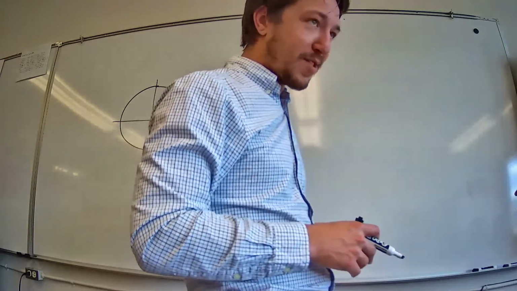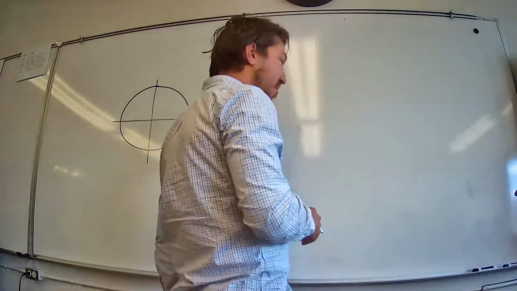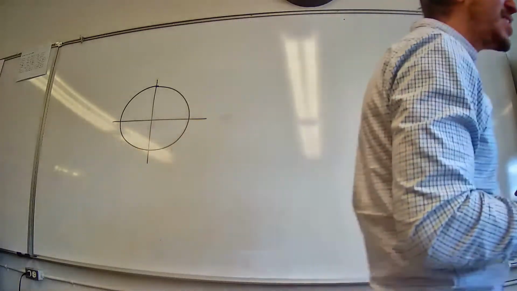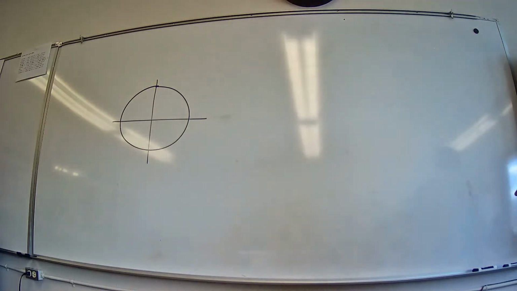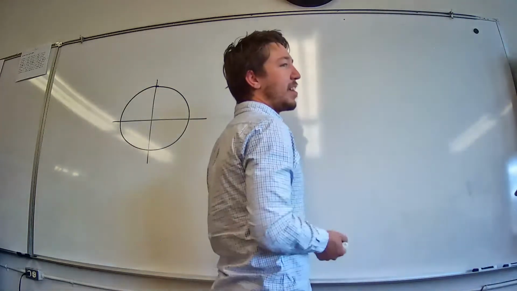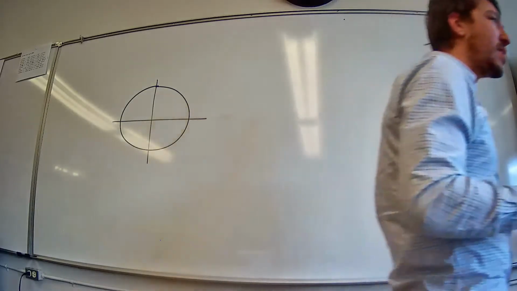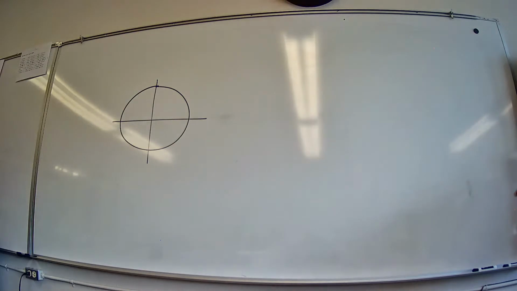Did you guys get the problem done? Did you figure it out? We did this yesterday. No, did you do it? You did not do it. Sean, I just explained it. But I did it. No, you did not. Look at it closer. It says rewrite the expression. I'm talking about number 13.